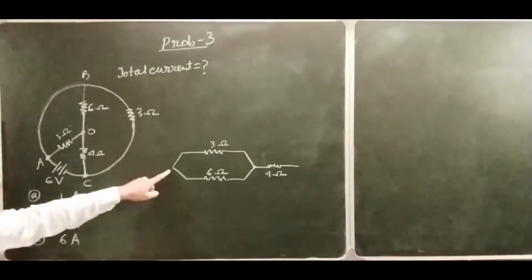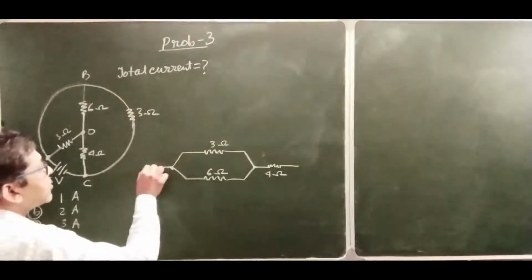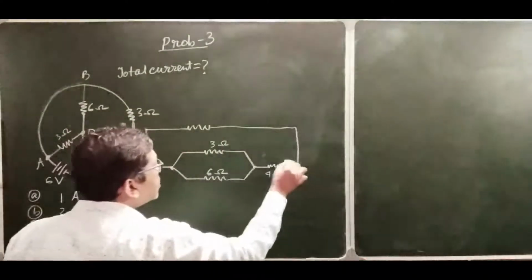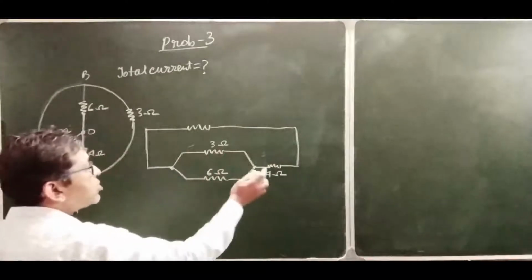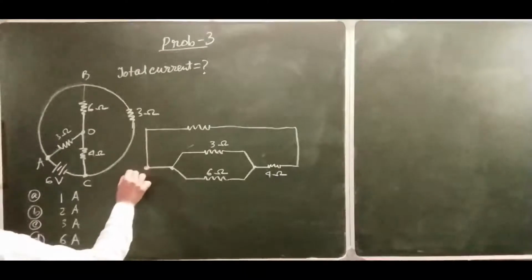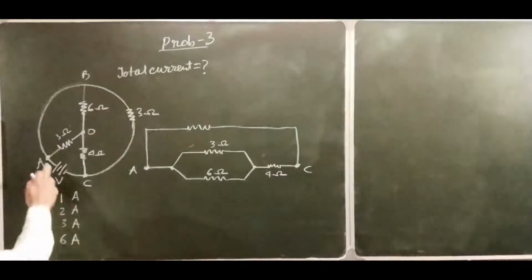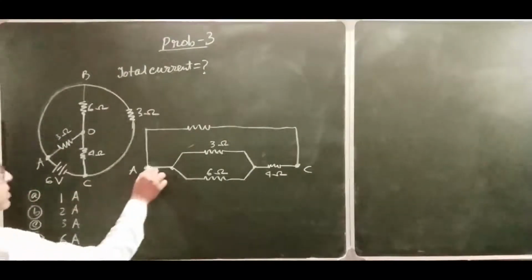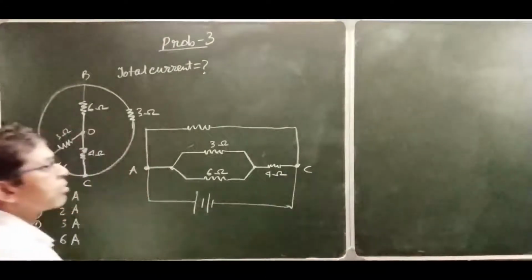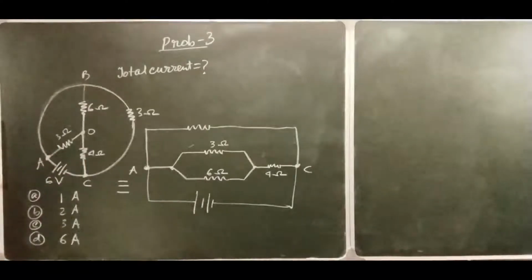That means here the other end is connected to 4 ohm. That means this 3 ohm is in parallel to the total equivalent resistance of these three resistances. So this point is A and this point is C, and the battery is connected between A and C. Okay, so this is the equivalent circuit of this given circuit.